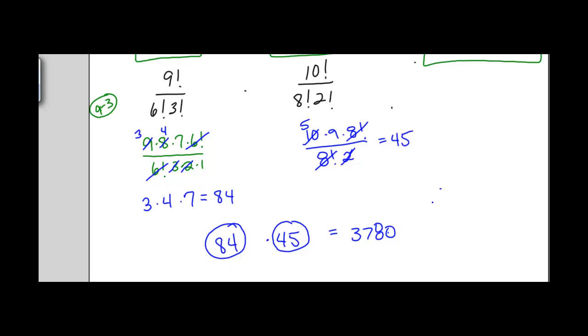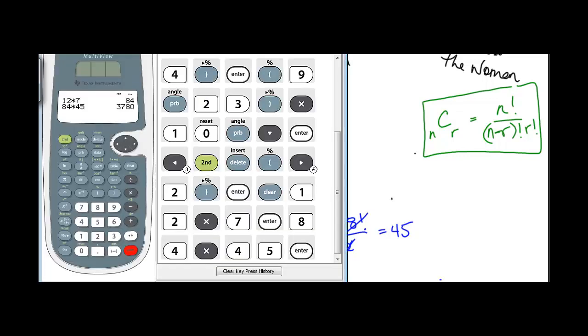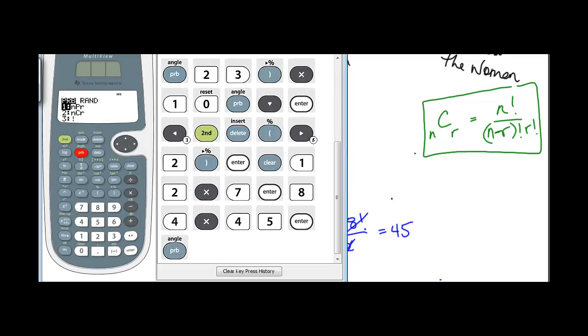Also in your calculator, we could come back up here and use the combination button under probability. So if I use the combination of 9 choosing 3, then in my calculator, under the probability key, option 2 is a combination. But I would first need to type in the total.